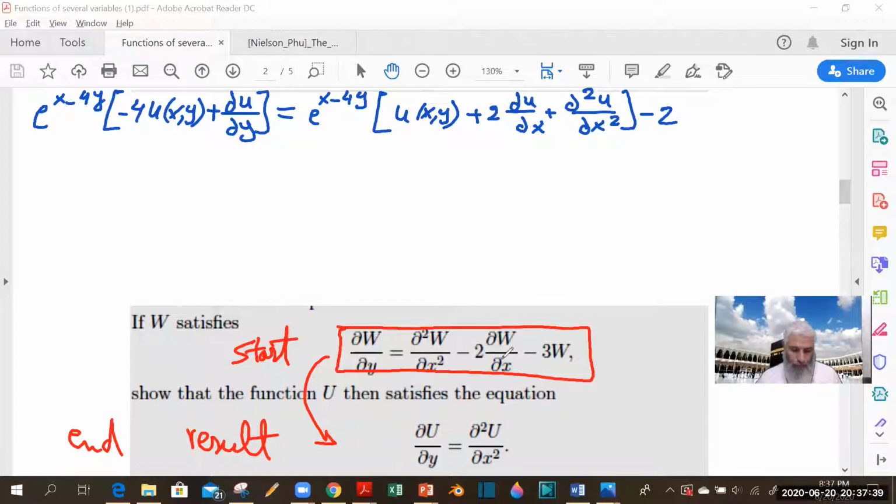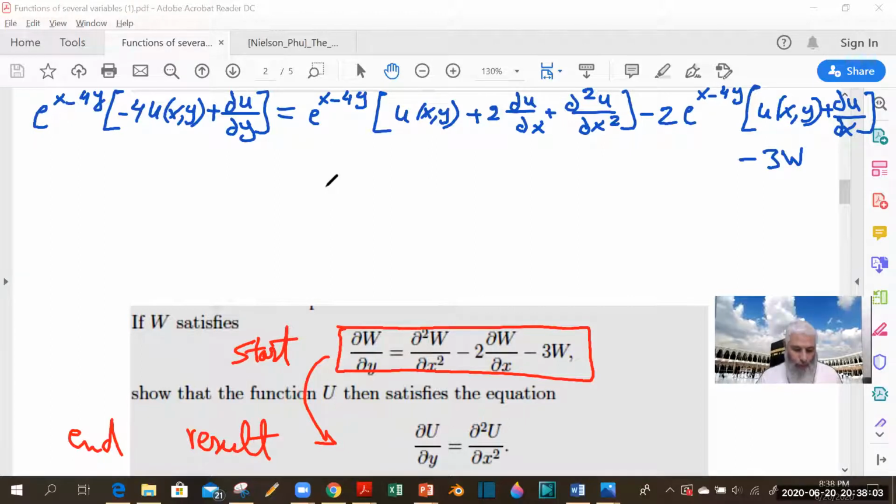What is dw dx? dw dx is e power x minus 4y u xy plus du dx. This is minus 3w. Minus 3w.